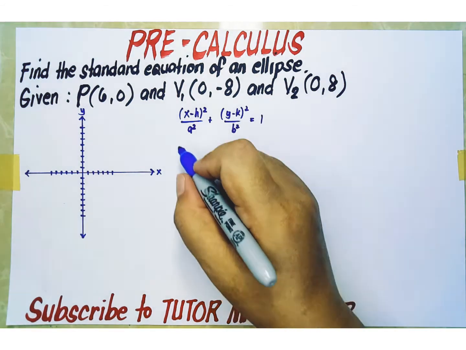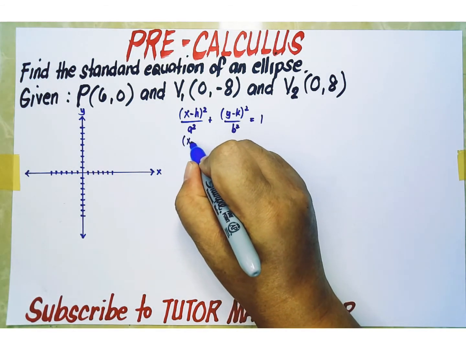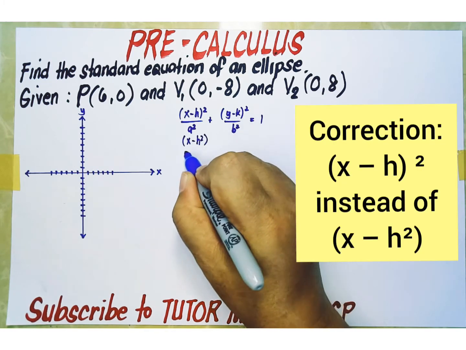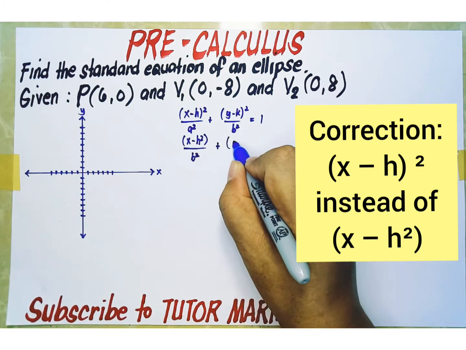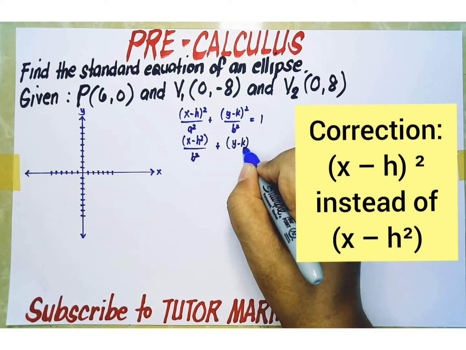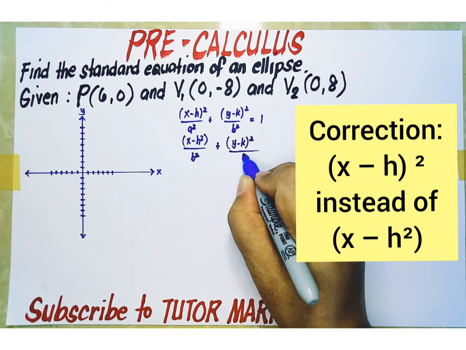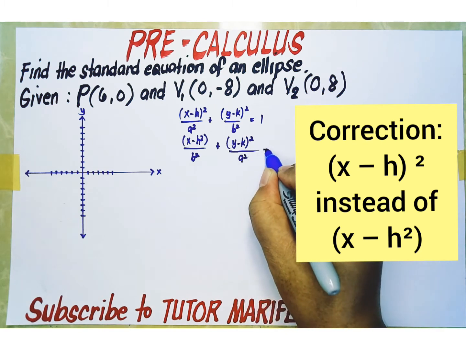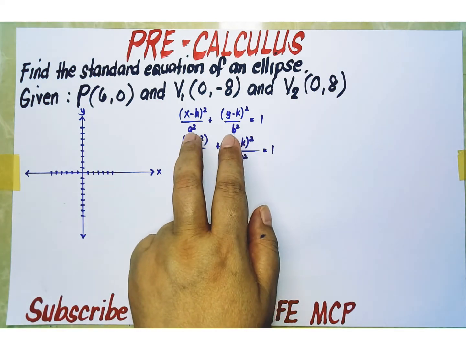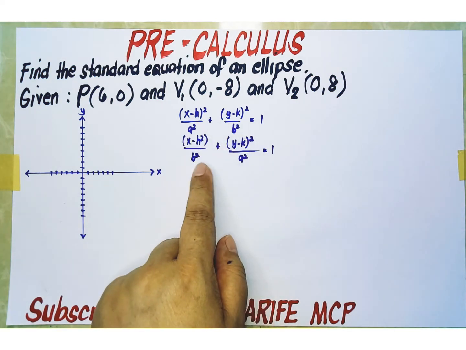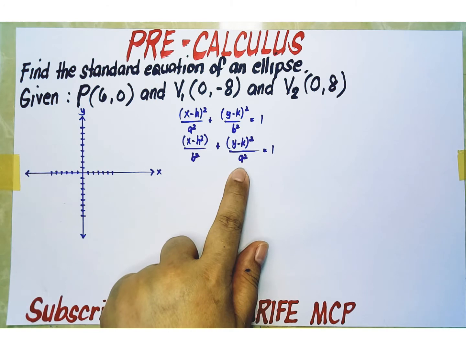The other equation is (x minus h) squared over b squared plus (y minus k) squared over a squared equal to 1. Notice that the denominators are switched.